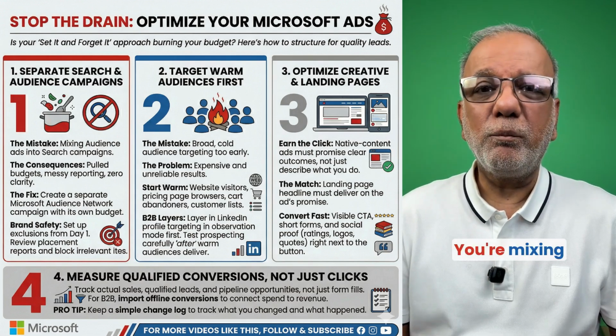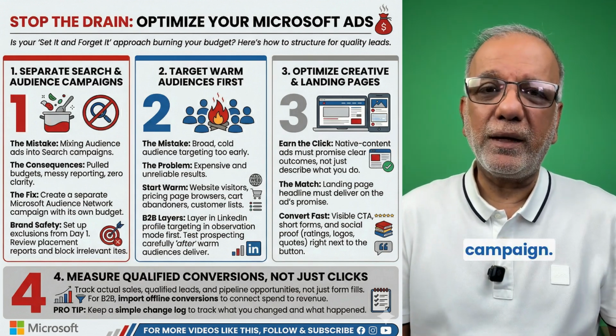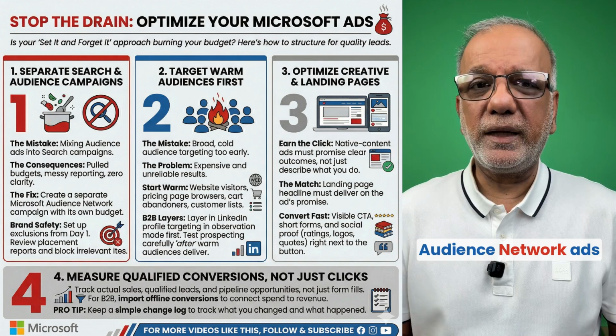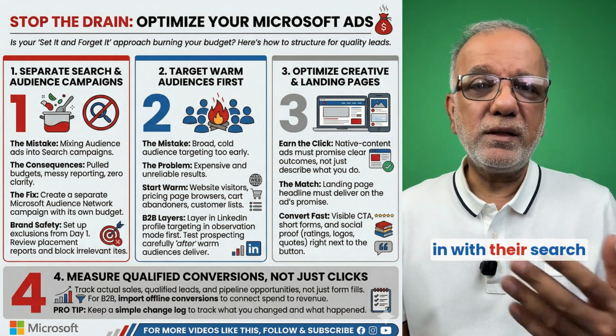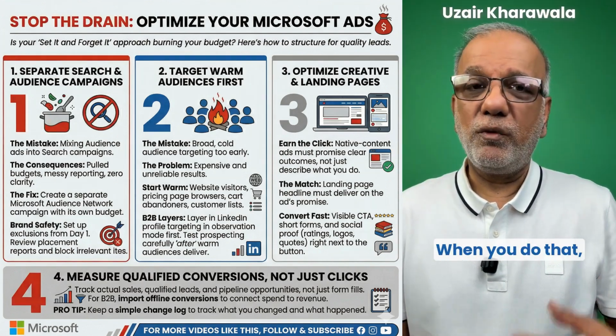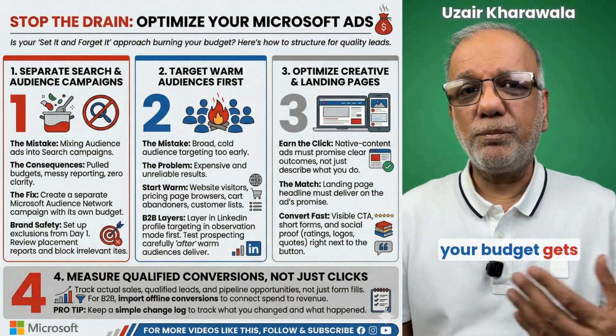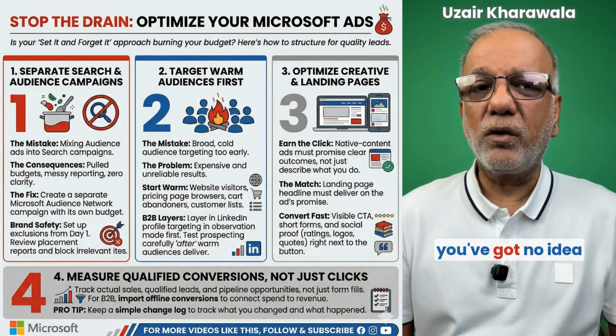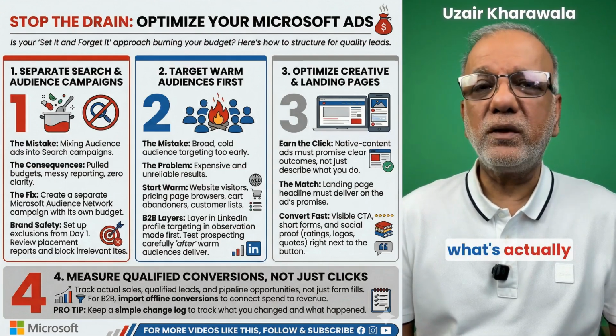Number one, you're mixing everything in one campaign. The biggest mistake I see is businesses lumping their audience network ads in with their search campaigns. When you do that, your budget gets pulled in every direction. Your reporting is a mess, and you've got no idea what's actually working.